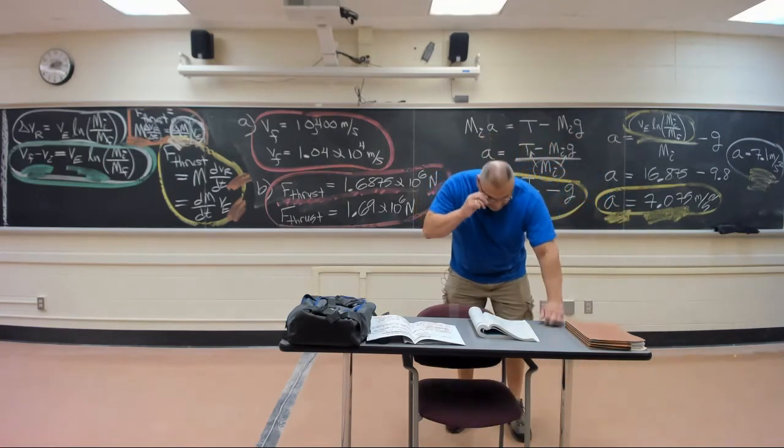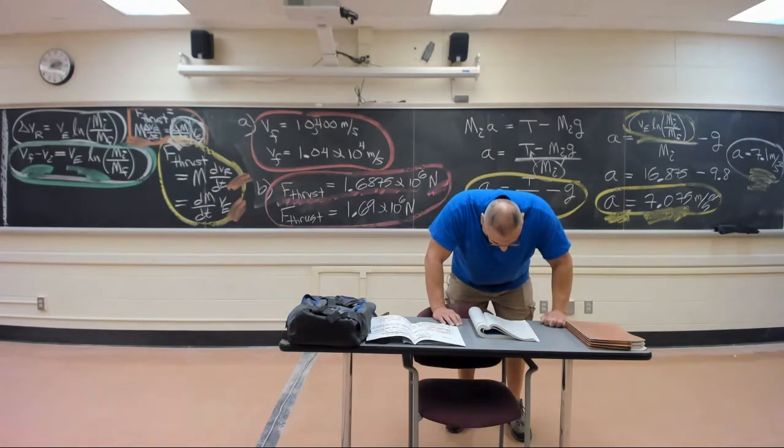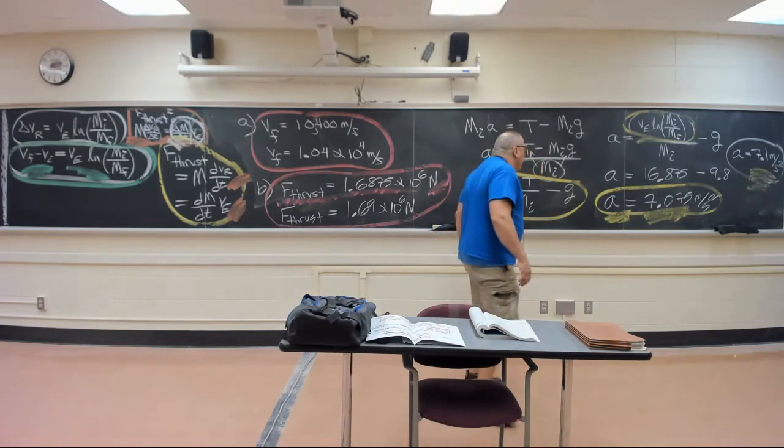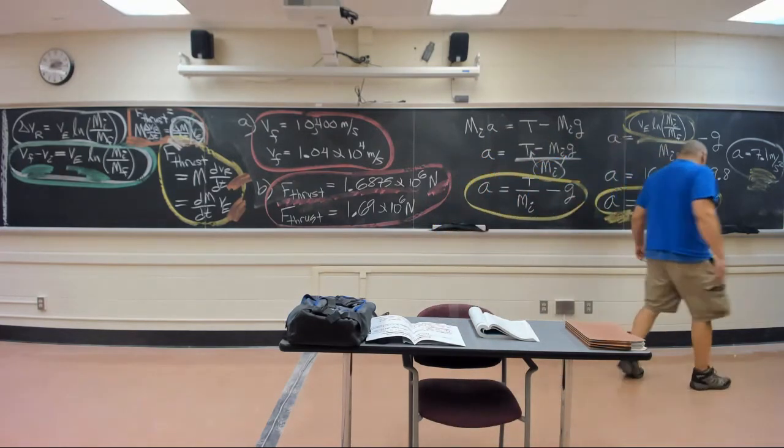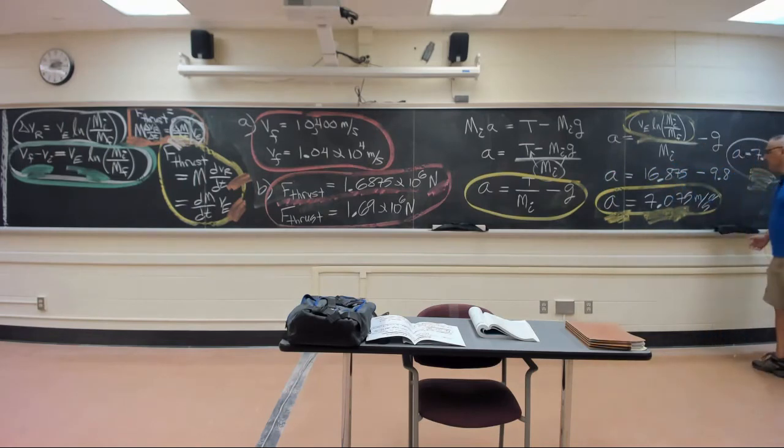What are they given? They're given 7.10 meters per second per second. Okay. I'd go with that. If significant figures are not being taken into account, give as accurate of an answer as you can.